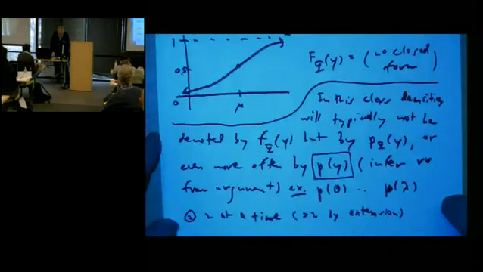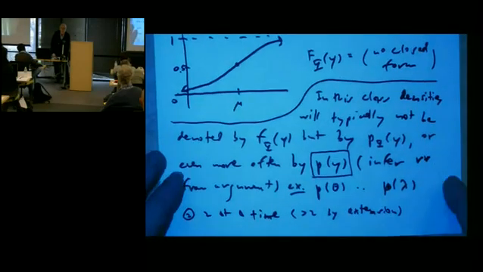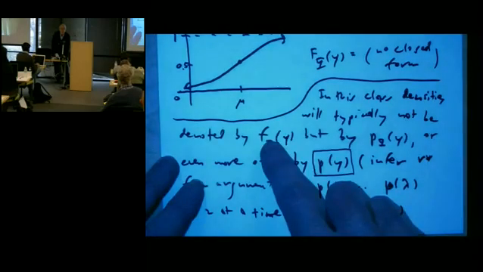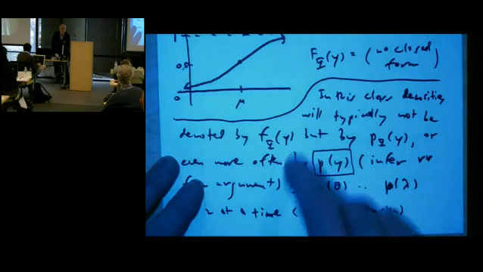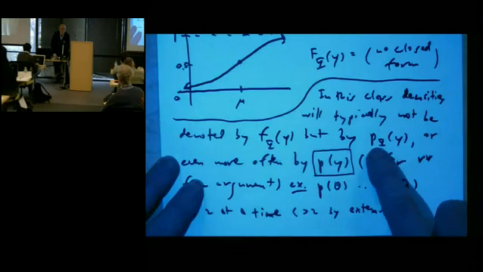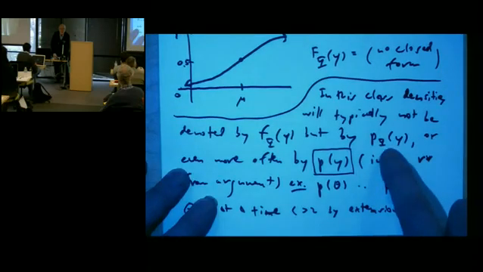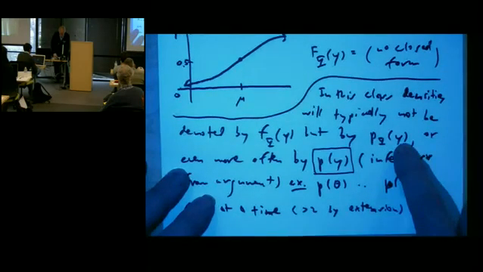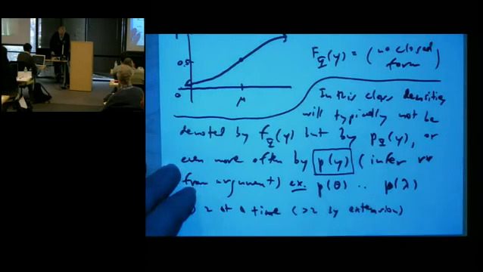In this class, densities will typically be denoted not by f sub capital Y at little y, but by lowercase p sub capital Y evaluated at little y, p for probability density.